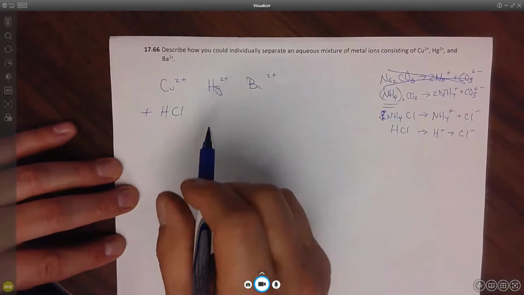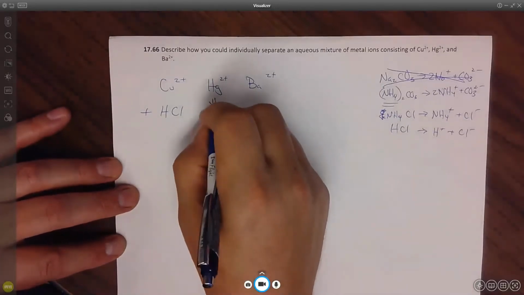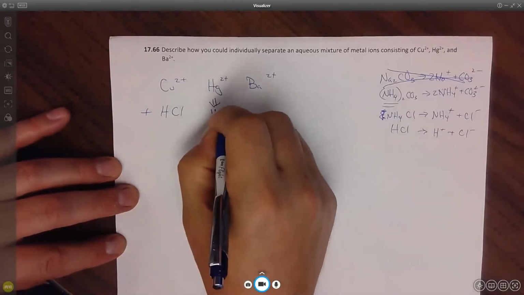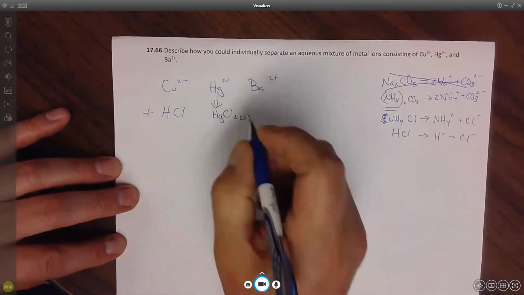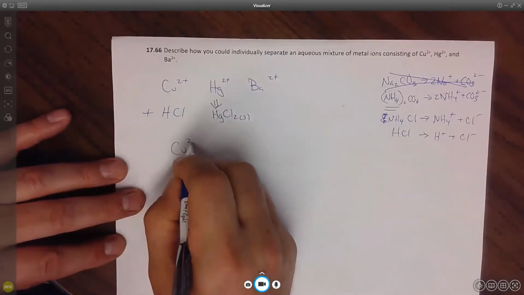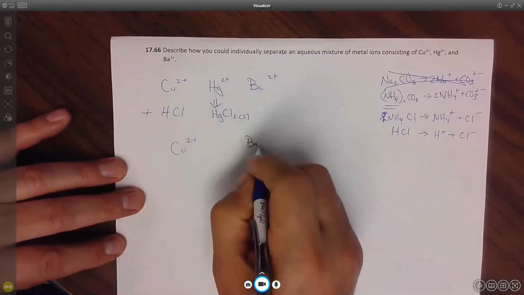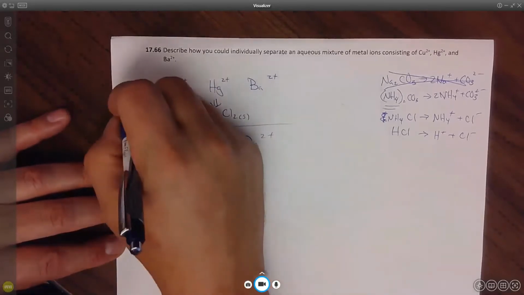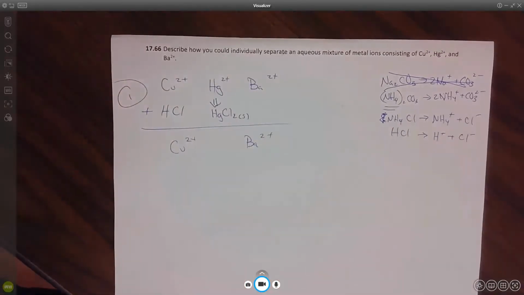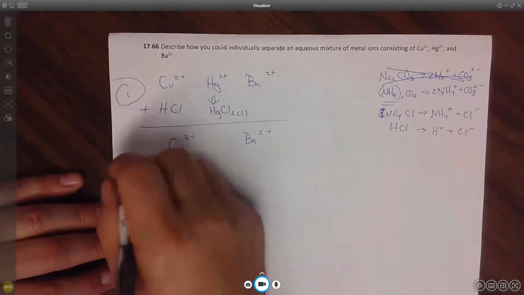So what's going to precipitate out is mercury(I) chloride, which is a solid, leaving behind the copper 2+ and the barium 2+. So there was our step 1. Now what can I add?